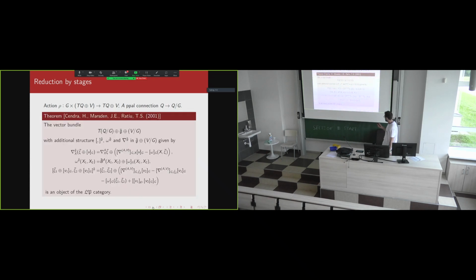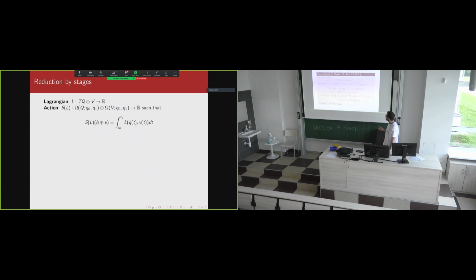Then they have a result that says, well, if this is acting by isomorphisms in this category, then we get a reduced vector bundle, which is this one over here, with the tangent of the quotient manifold, the adjoint, and the quotient of the vector bundle we have here. And they can construct a connection, a two-form, and a Lie bracket, so that we have an object in the LP category, so we don't escape the category that we had before when we reduced.